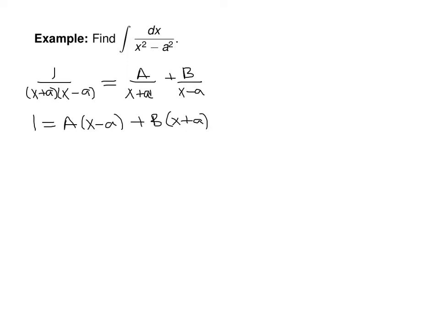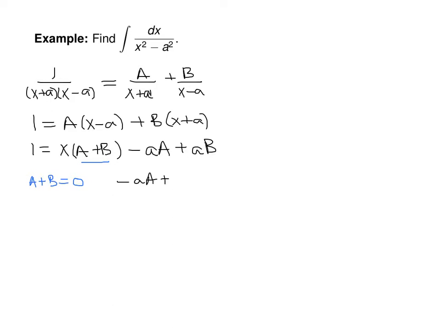And gathering coefficients, I have 1 equals x times (capital A plus capital B), and then I have minus lowercase a capital A plus lowercase a capital B. Because there is no x on the left-hand side, A plus B will have to equal 0. And negative lowercase a capital A plus lowercase a capital B has to equal 1.